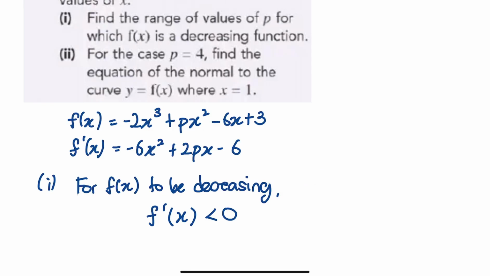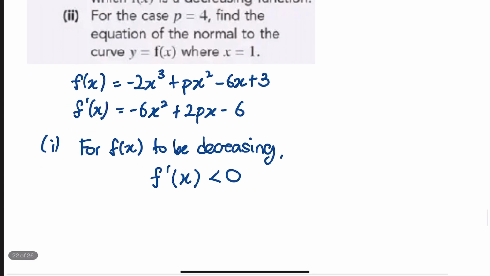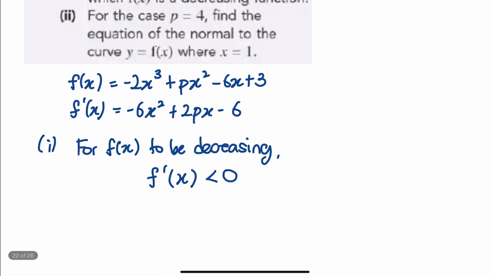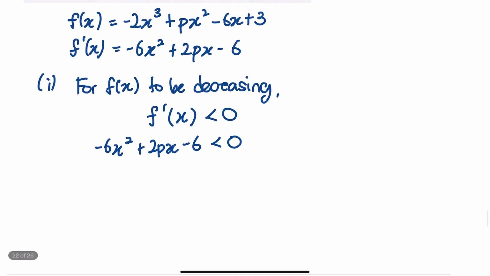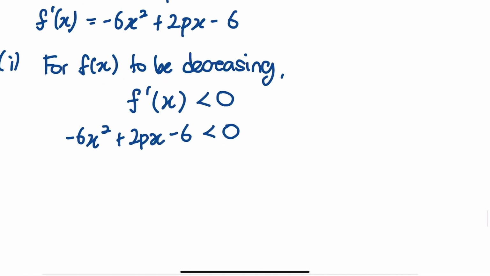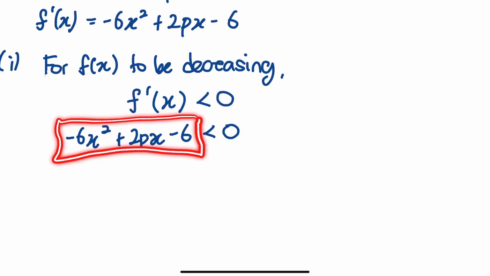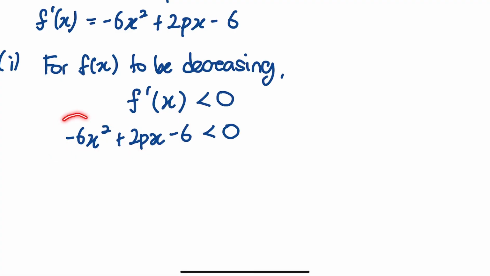Therefore this means that negative 6x squared plus 2px minus 6 is strictly less than 0. If you still recall your quadratic inequalities, this expression here is a sad face curve, because the coefficient of x squared is negative.